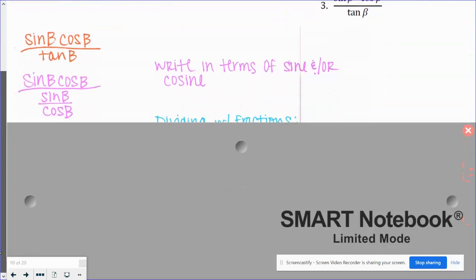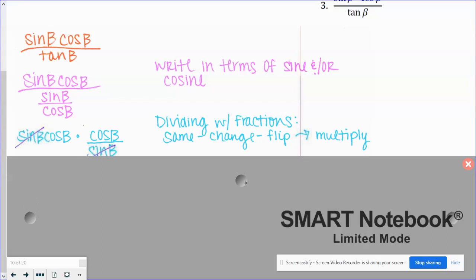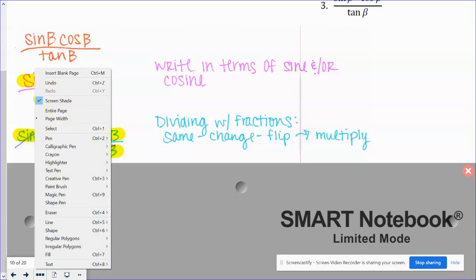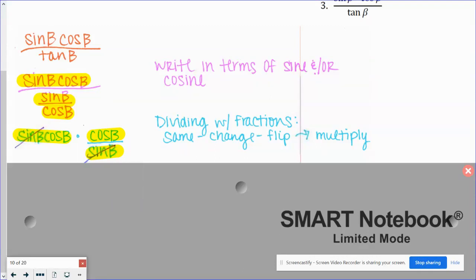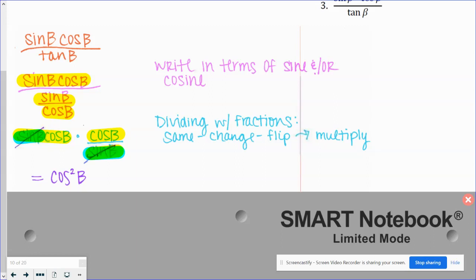Then if you look at what we have, division. We have sine beta cosine beta divided by sine beta over cosine beta. When you're dividing with fractions, do the same change flip. Keep the top the same. Flip the bottom. So sine over cosine became cosine over sine. Then notice there's a sine on top and there's a sine on the bottom. These sines cancel each other out. So what am I left with? Cosine squared.